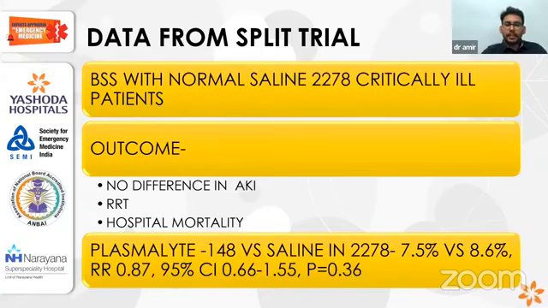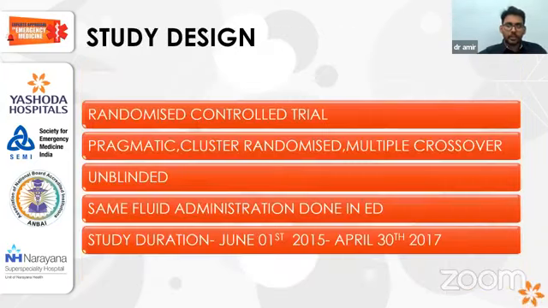According to the SPLIT trial data, which was based on 278 critically ill patients, the outcome shows there is no difference between the two solutions in causing AKI, requirement of new renal replacement therapy, or hospital mortality rate.